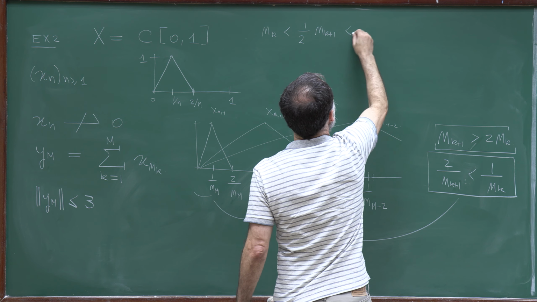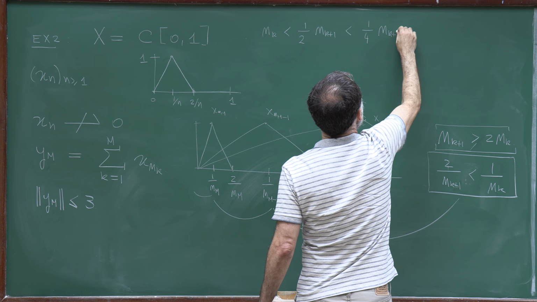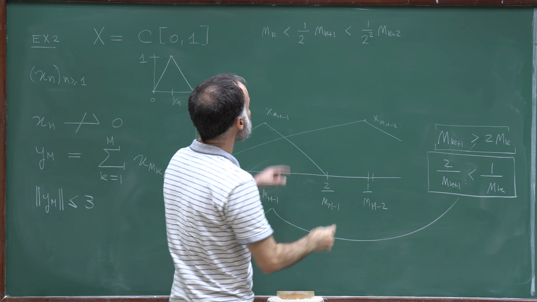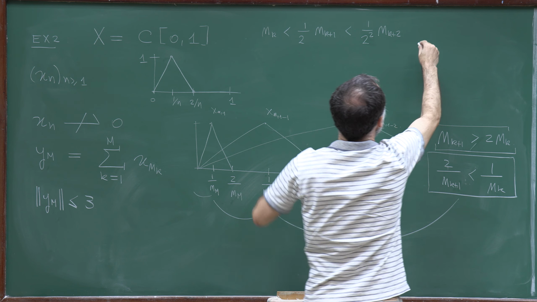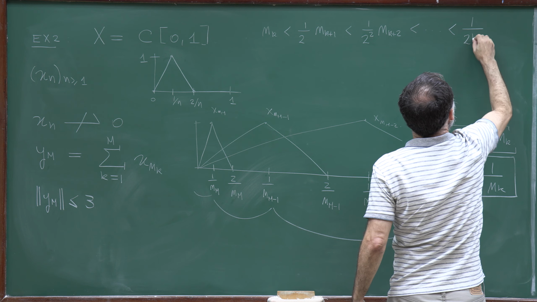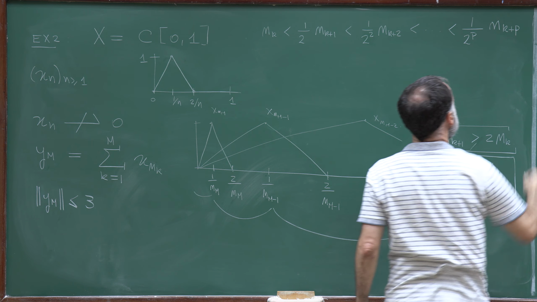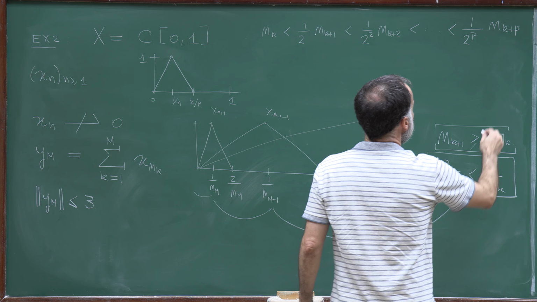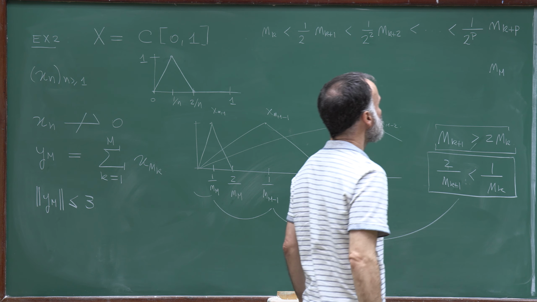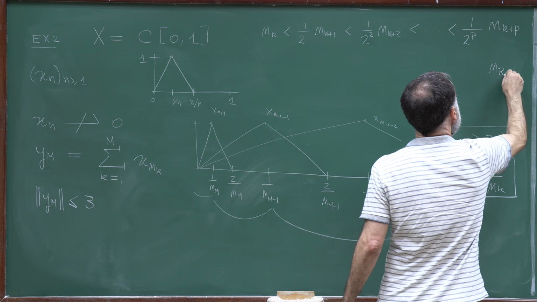If I iterate that, I get that this is 1/4 of n k plus 2. So let me write that as 2 times 2, that is 2 to the power 2. So you see here that I have power 2 and 2. If I iterate, what I will get is that this is 2 to the p, n k plus p. But I want to rewrite that as n to the power r, say, so let me call that r.